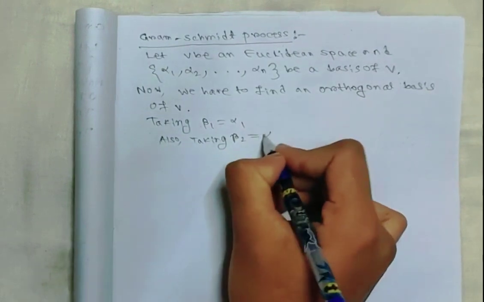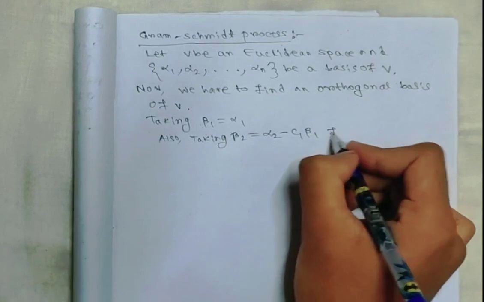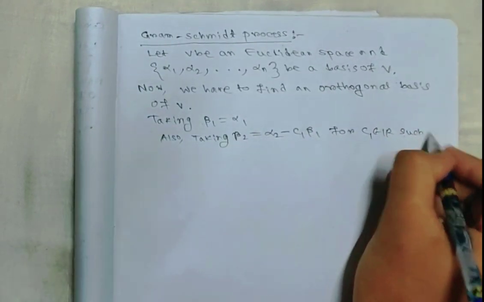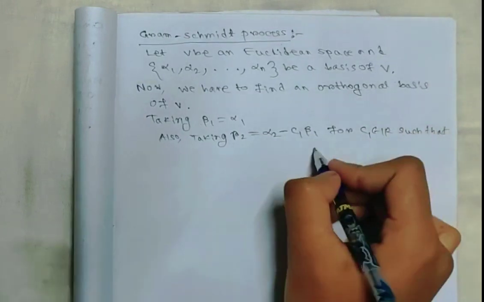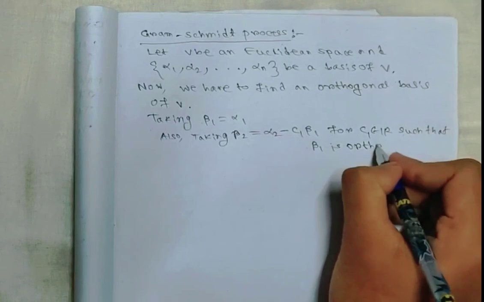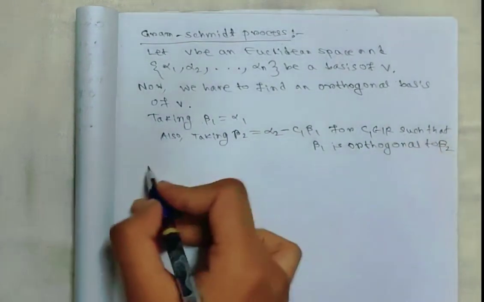beta 2 equals alpha 2 minus C1 beta 1, for C1 belonging to the real numbers, such that beta 1 is orthogonal to beta 2.